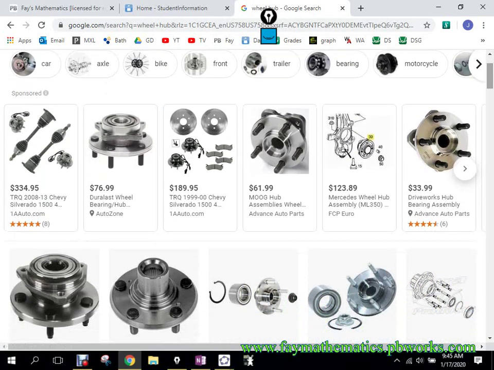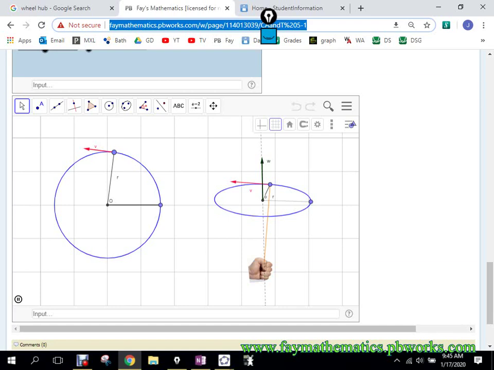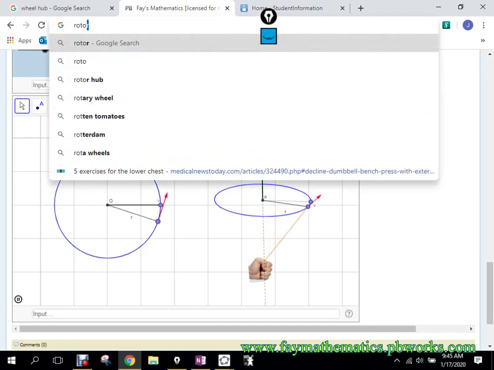All right, so you guys know what lug nuts are on your car. Let me get a couple pictures up here, because I know some people aren't maybe familiar with car stuff. Rotors.